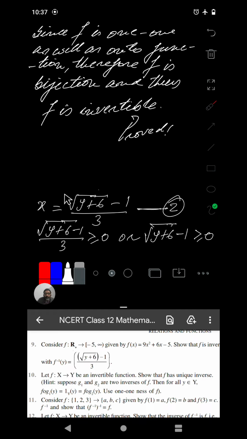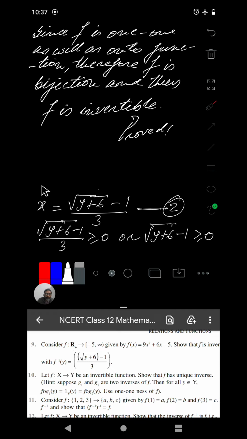Now the second part, we need to find out the inverse of the function. For finding the inverse of the function, we may use equation number 2, because if we need to find out the inverse of a function, first we need to write the function as x as a function of y, and then we have to replace x by f inverse x and y by x, or simply we may replace x by f inverse y.